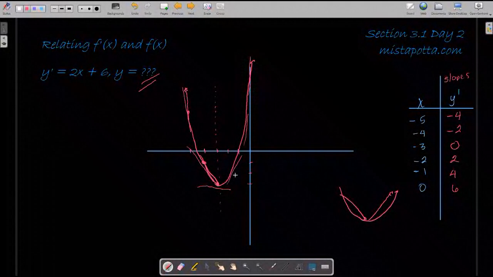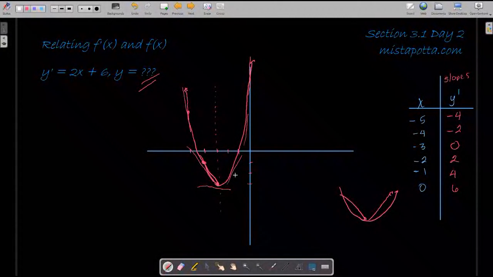So I can get behavior from a graph by looking at its function, by calculating its derivative, and vice versa.